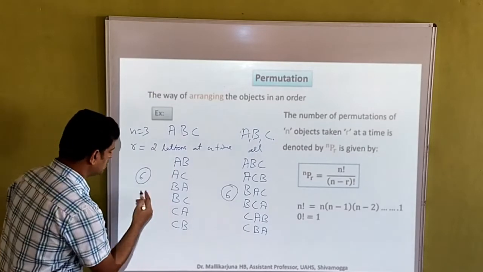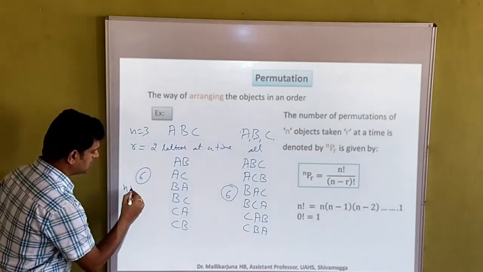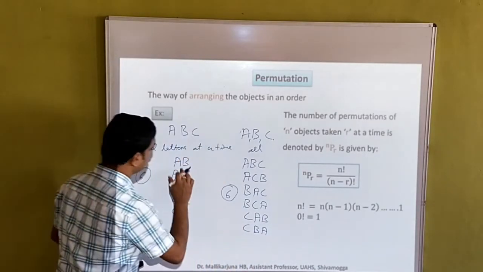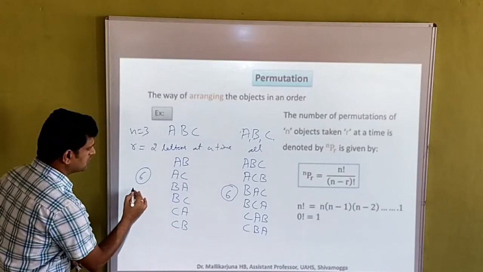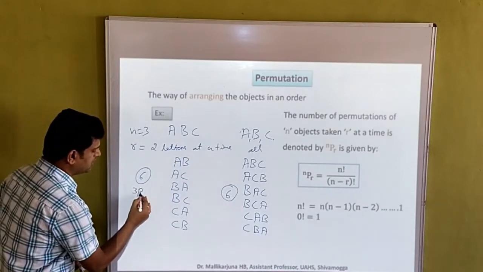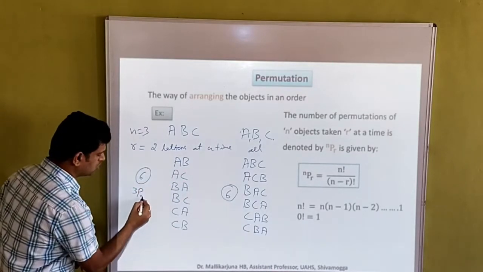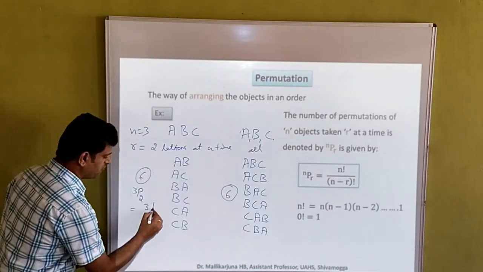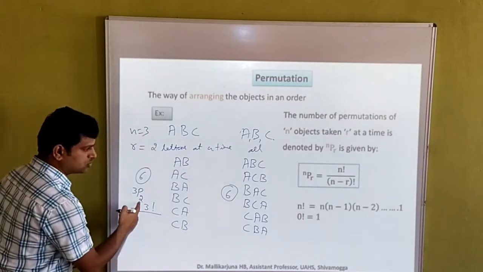So substitute in the formula nPr. For this first example, n is 3 and r is 2. 3P2 is equal to 3 factorial divided by 2 factorial.